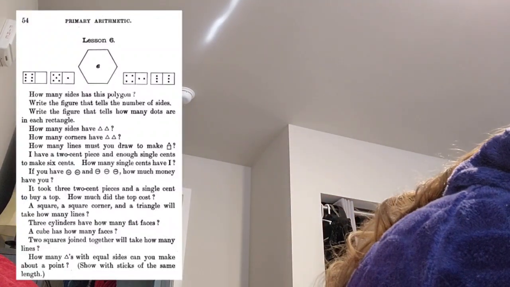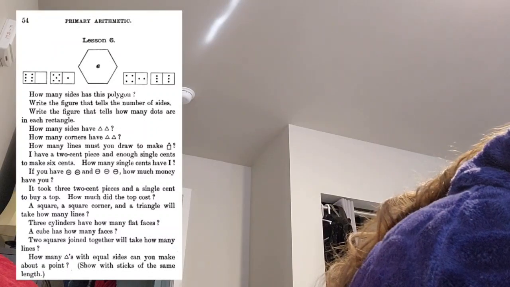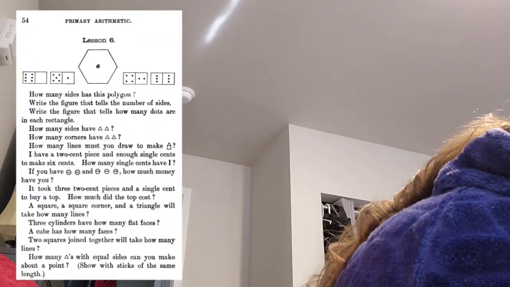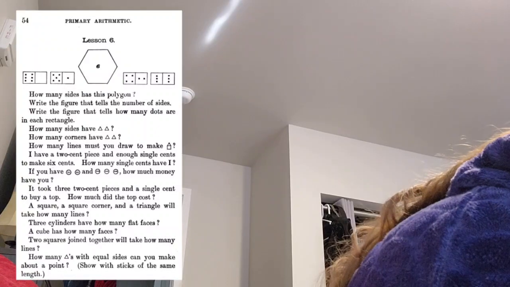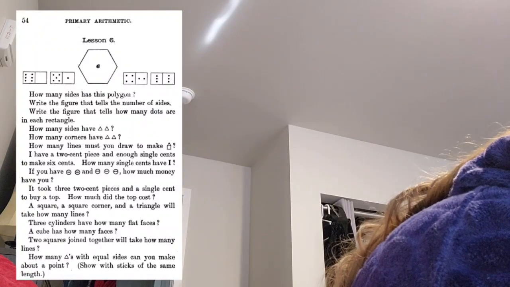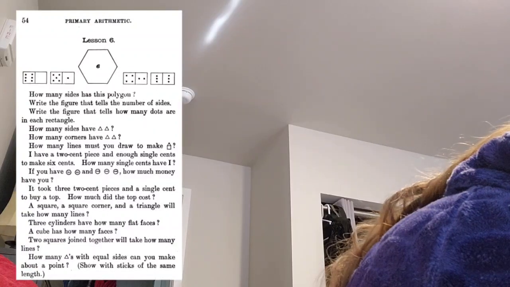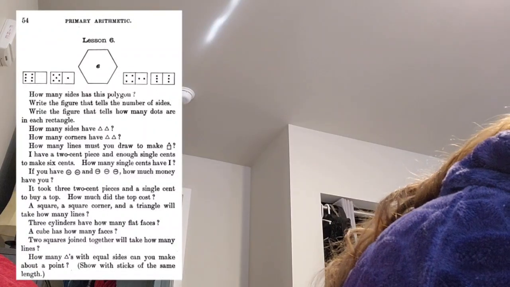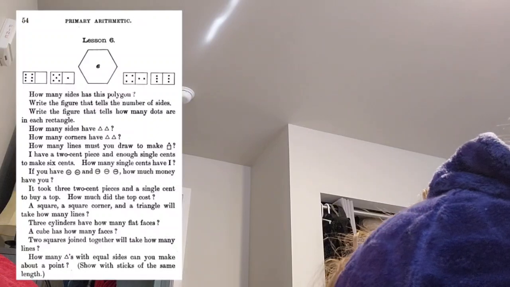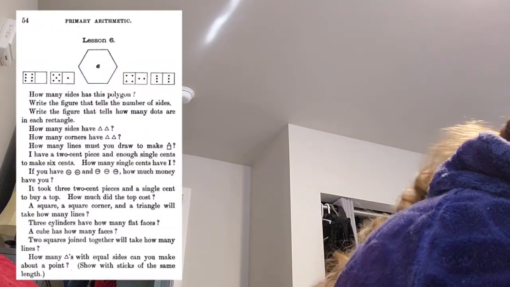How many sides have 2 triangles? 6 sides. How many lines? Oh wait, I lost my spot. How many corners have 2 triangles? 6 sides.